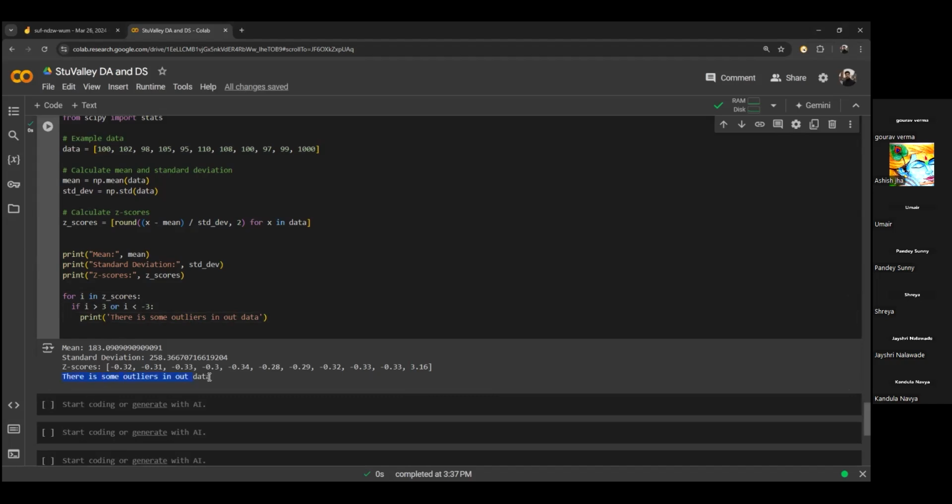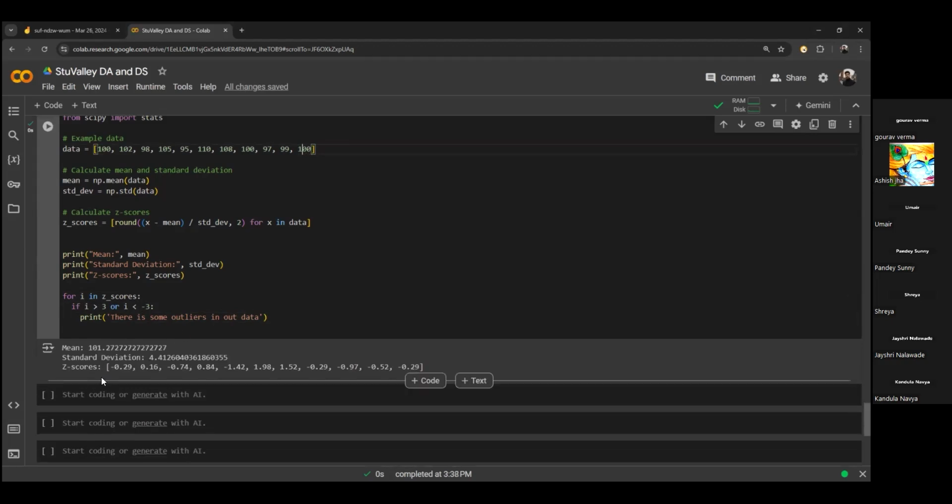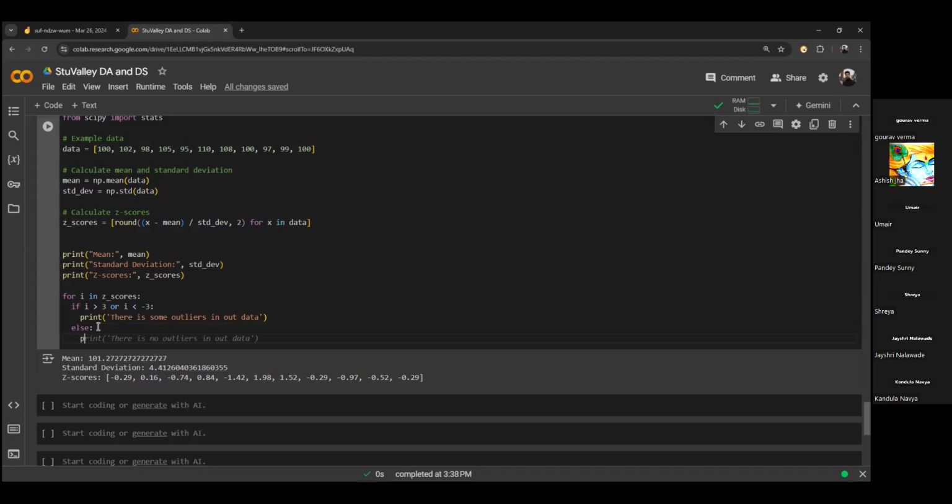So it is saying there is some outliers in our data, right? So if I remove it, so maybe I can make it normal data, then it will not say that. See, in the else part I can write there is no outlier in our data.